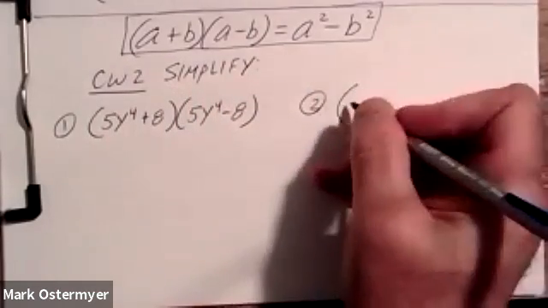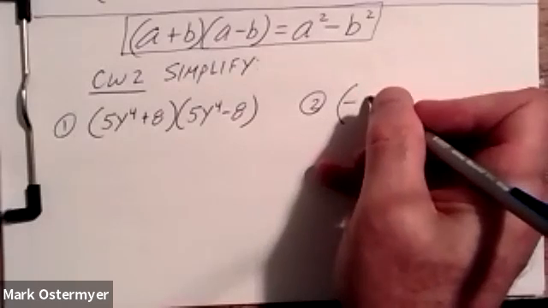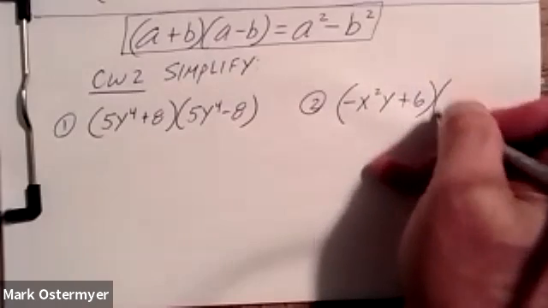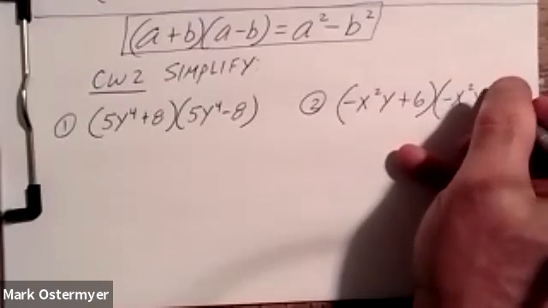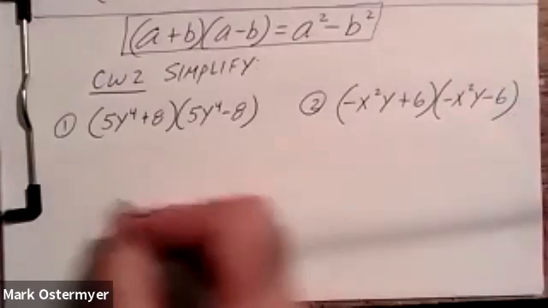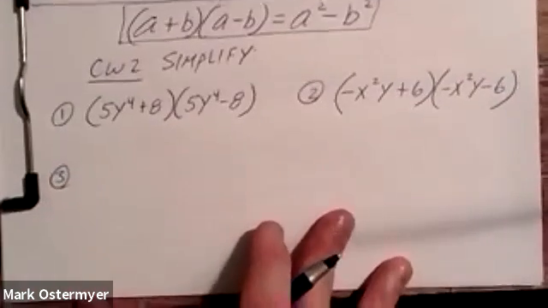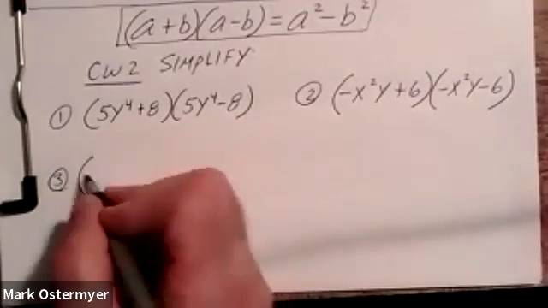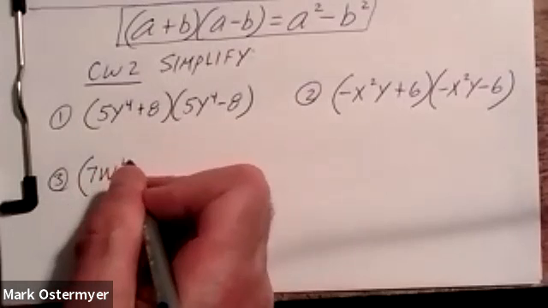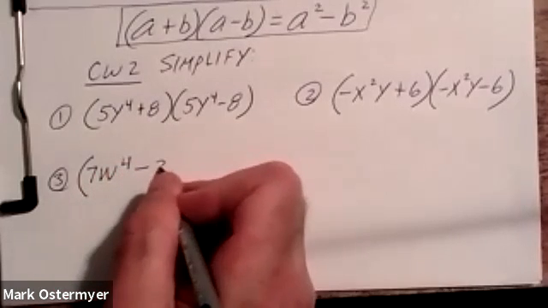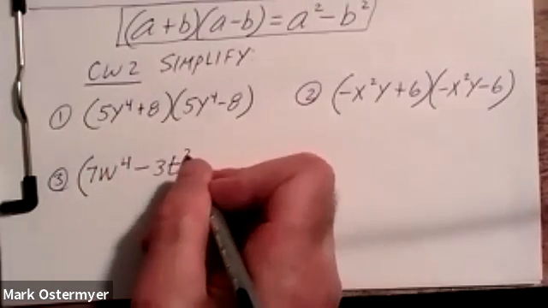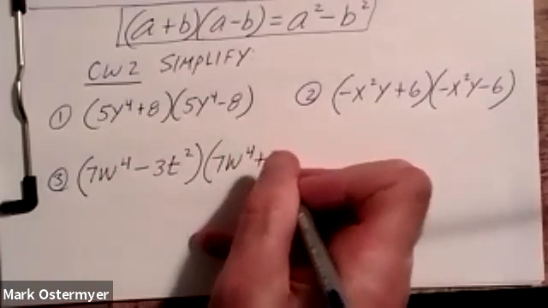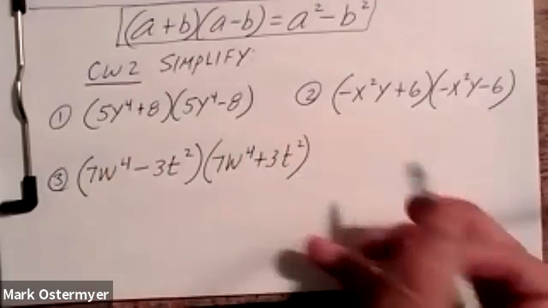Number 2, negative x squared y plus 6 times negative x squared y minus 6. Number 3, we'll have 7w to the 4th minus 3t squared times 7w to the 4th plus 3t squared.